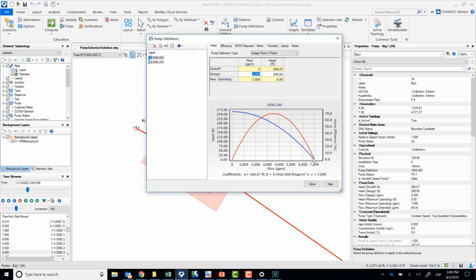So it actually extrapolates to find that. Okay, perfect. So yeah, as I was mentioning, we input this, so the software calculates all the other points, like the shut-off point and the maximum operating point, which would be that maximum flow that you were referring to.